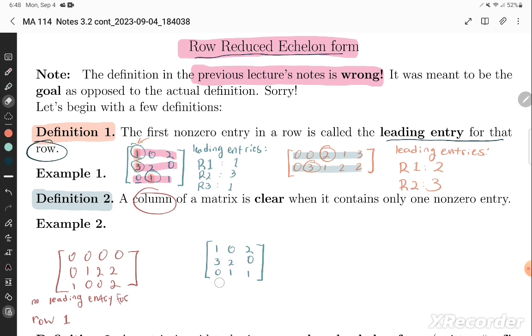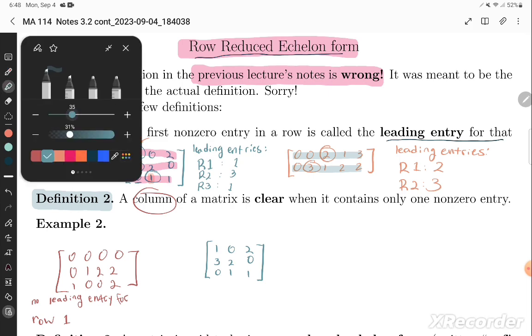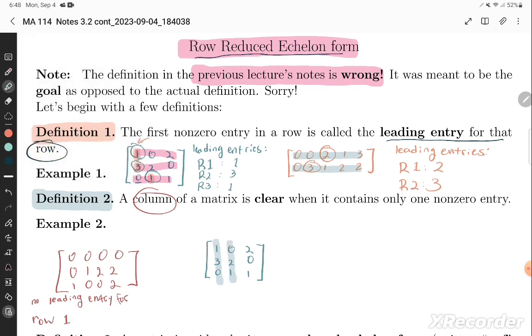So if we look at this, we're going to look at the columns now. None of these columns are clear because if I look at it, I've got a 0 here, but these two entries are both non-zero. And I need exactly one non-zero entry.